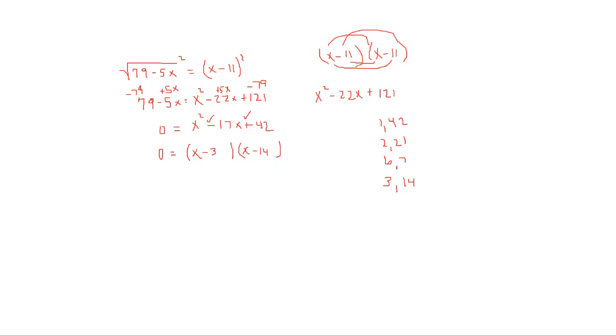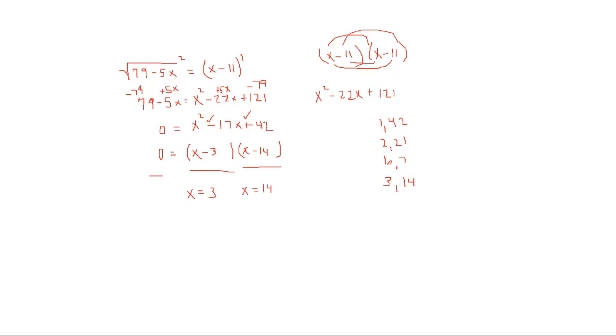Now I can solve. If I multiply one number times another and I get 0, at least one of the numbers has to be 0. If x minus 3 is 0, then x has to equal 3. So there's one possible solution. And for the other part, I will have x is equal to 14. Those will be the solutions.